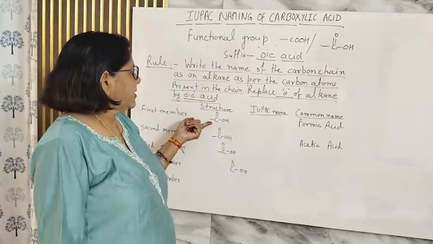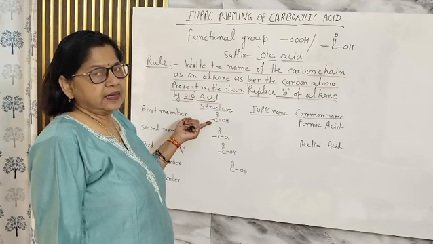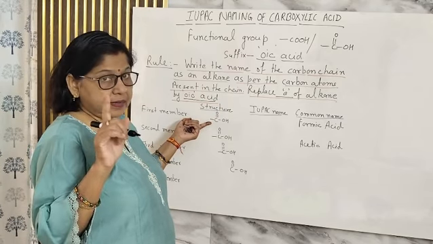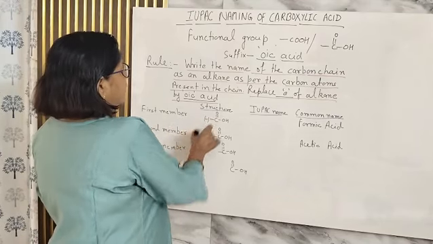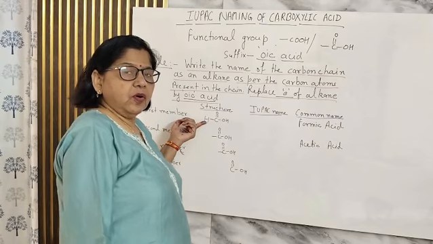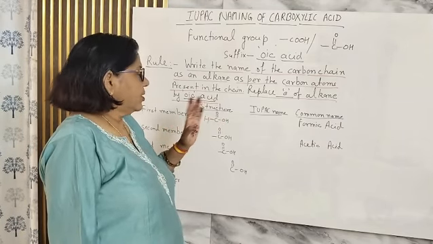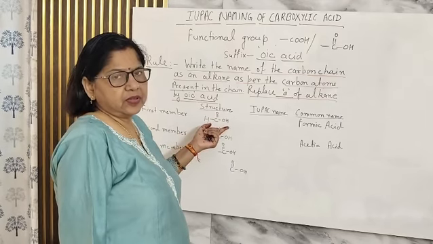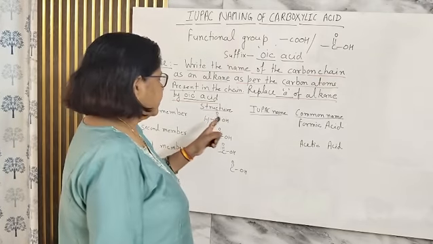That means the free valency of the carbon should be satisfied with an atom having only valency 1, and that is only hydrogen. So the structure is H, C double bond O, and OH. In the condensed form you may call it HCOOH. That is the first member of this carboxylic series.